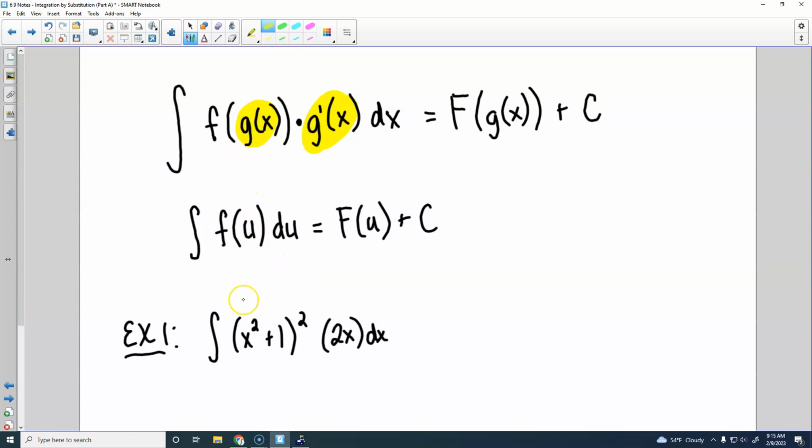So the g of x that you see here, in that second version of the same rule, they have used a u instead of a g of x, just to simplify the notation, and then the g prime of x dx, they used a du for.